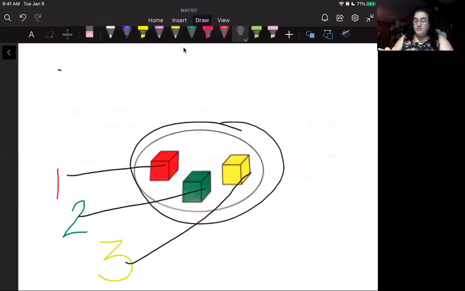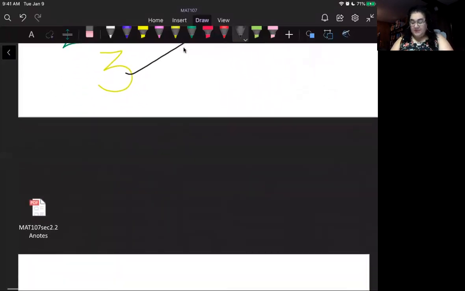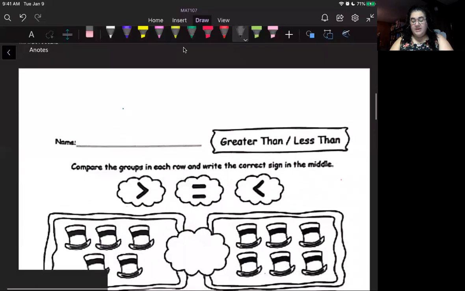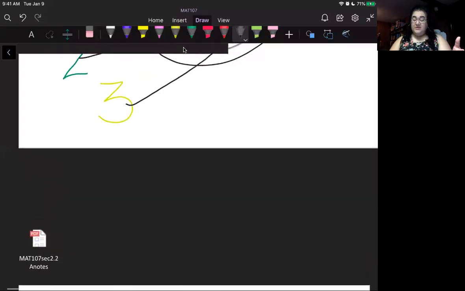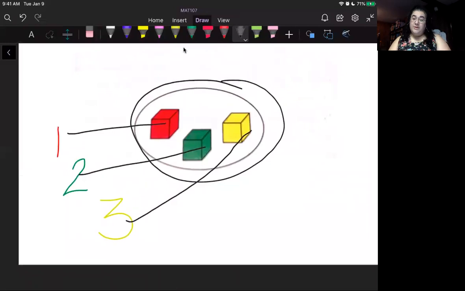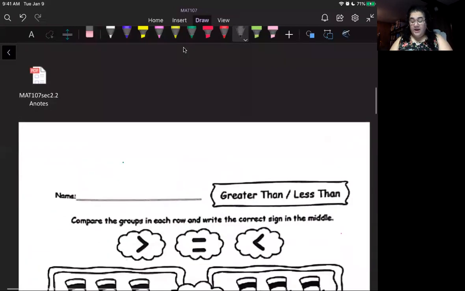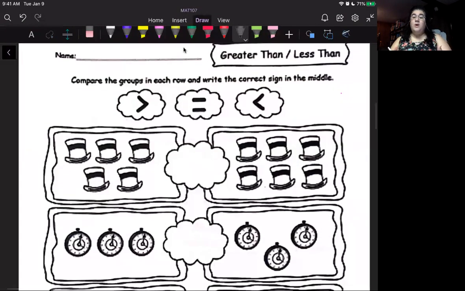Okay? Now, moving on from that, another thing that has to be explained, okay, when you get ready to teach your students the concept of greater than and less than, before you can teach them the concept of greater than and less than, you have to make sure that they have successfully mastered both one-to-one correspondence and the concept of cardinal numbers, i.e., that numbers represent a quantity. Otherwise, teaching them that one of these quantities is more than the other, or greater than or less than, is going to be out the window.